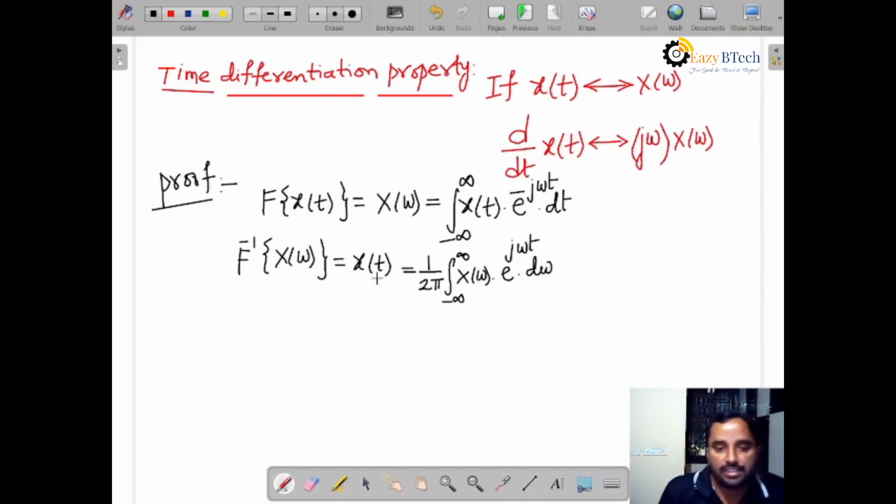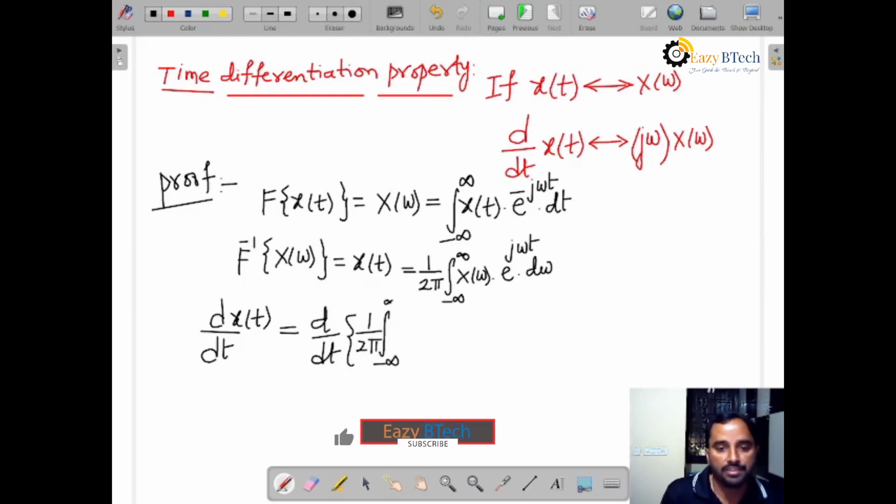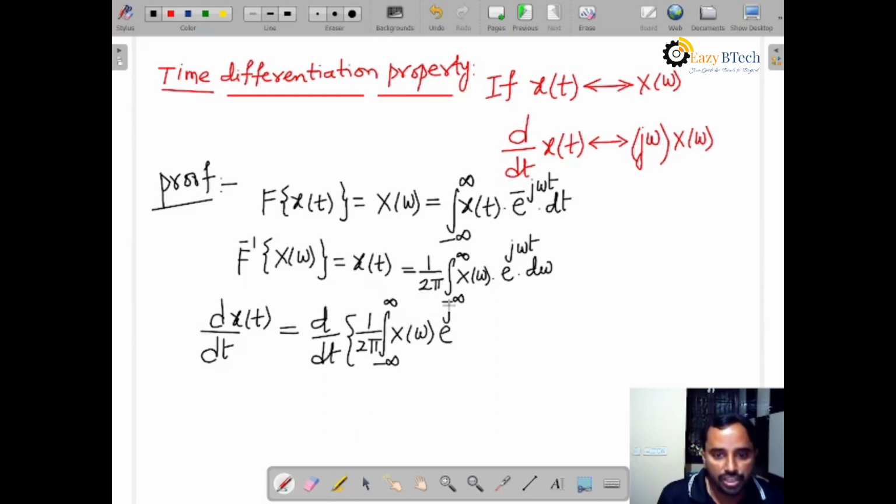So the inverse Fourier transform is useful to do the proof of the time differentiation property. So let's consider this x of t and do the differentiation on both sides with respect to t. So d by dt of x of t is equal to d by dt of 1 by 2 pi integral minus infinity to plus infinity X of omega e power j omega t d omega.